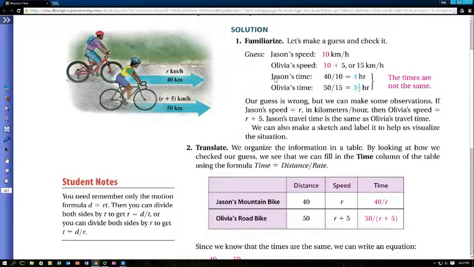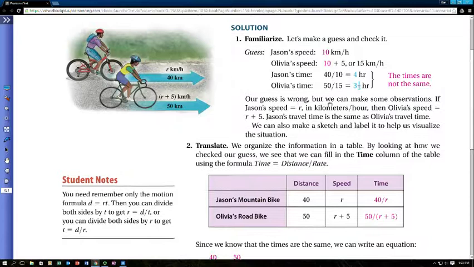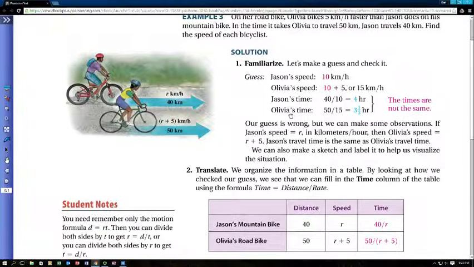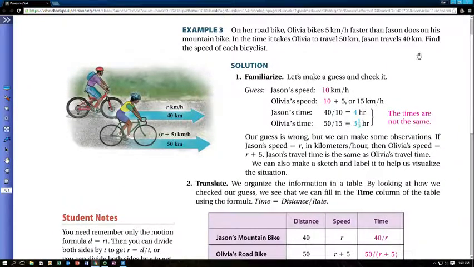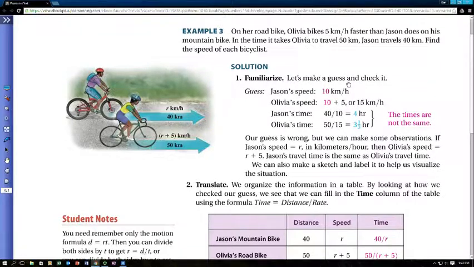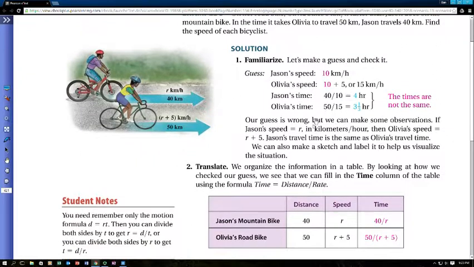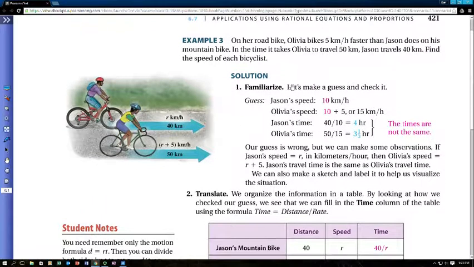So it's a very good thing to go through to set up what we're going to need to know. Part of it, what I call all the time, is, well, what are we looking for? What are they asking for? They want the speed. In other words, the rate is what they're looking for. What's the speed of each bicyclist? So let's reread this with rates in it.